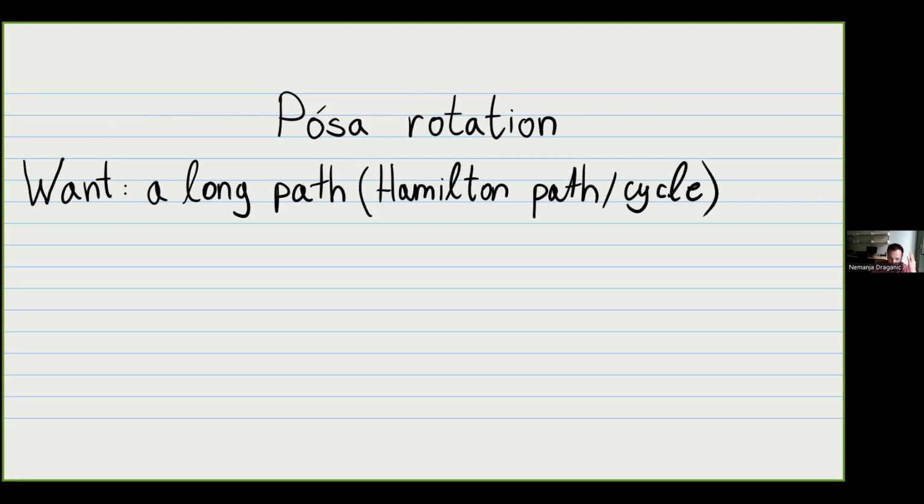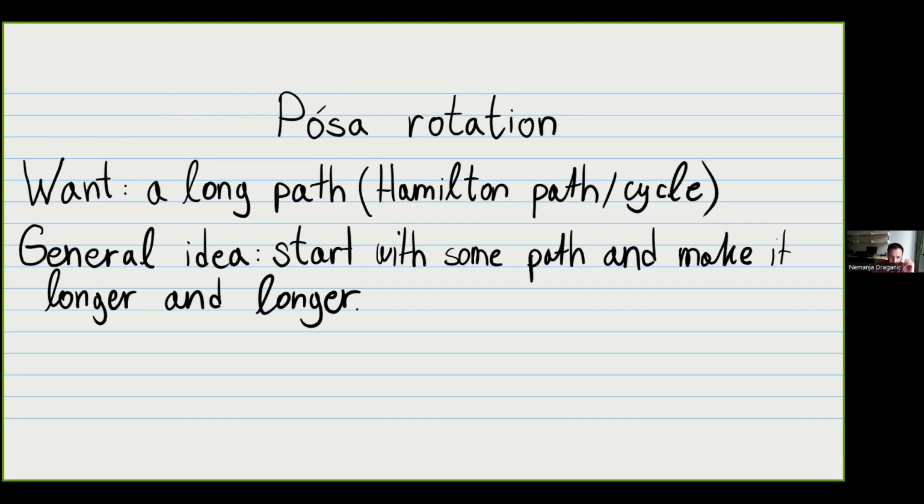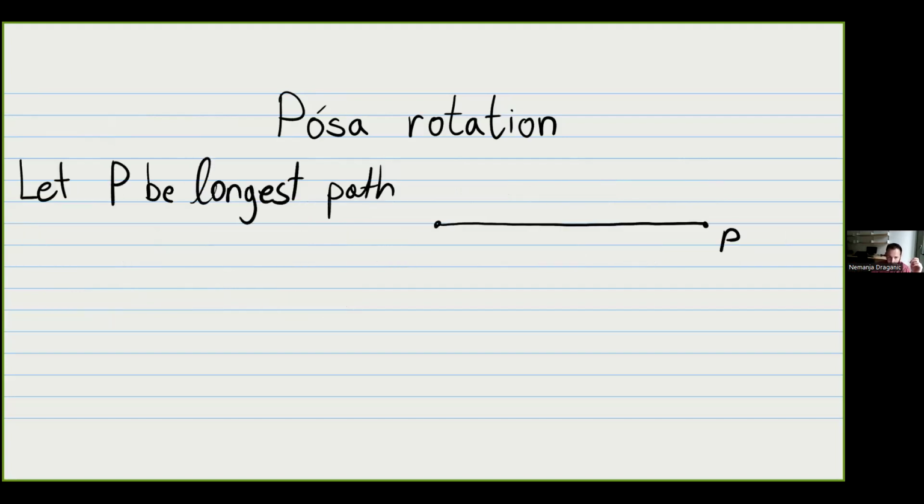So a conceivable strategy is to start with some path and make it longer and longer until you reach the desired length. So say P is a longest path.